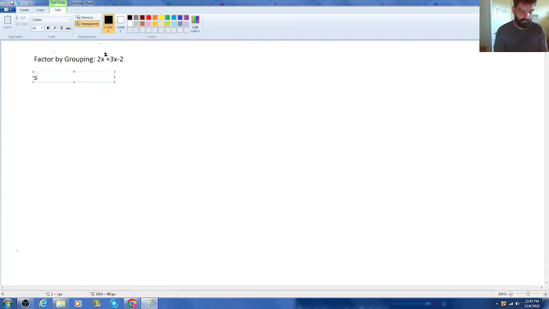So step 1 is reconfiguring the representation of the trinomial into a four-term polynomial.